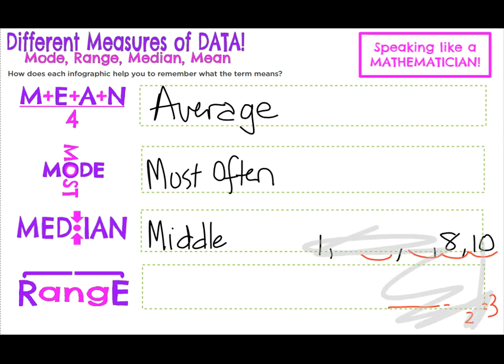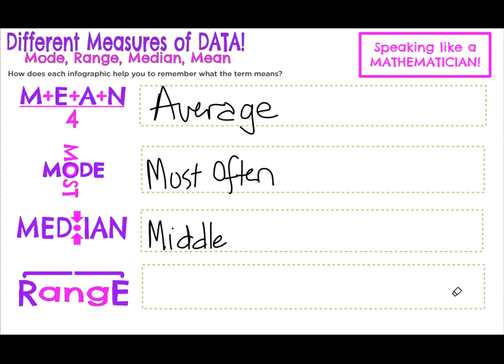And then the last thing that we're looking at right now is the range of the data. You see in the infographic that I have a point here going all the way to this point here. And that's what range is. When the data is in order, you are seeing how far it is from the lowest number in the data to the highest number in the data.